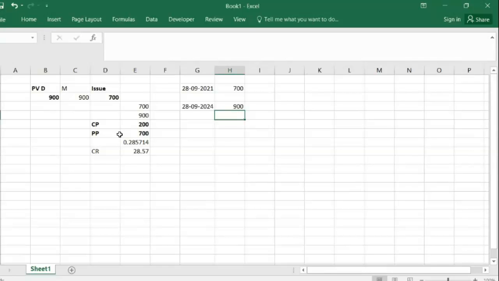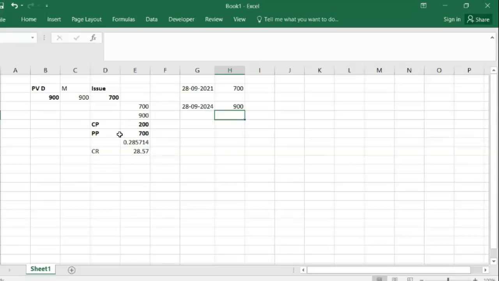Hence, what interest rate will be received out of this? Simply, we are going to calculate what exactly the payment will be.